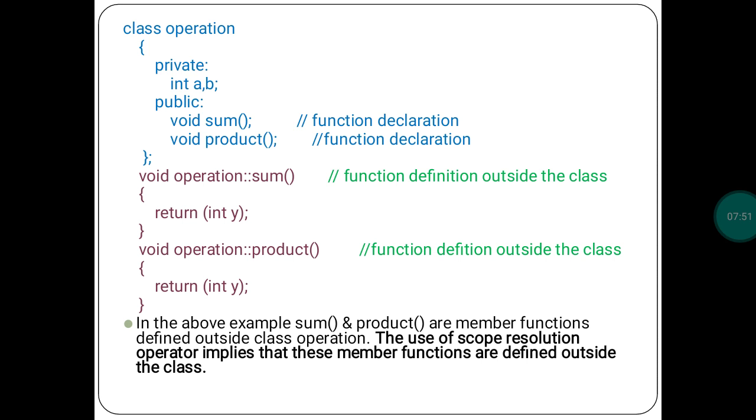See, in the above example, sum and product are the two member functions defined outside the class. The use of scope resolution operator implies that these member functions are defined outside the class. Means using this scope resolution operator, we can define the functions outside the class.